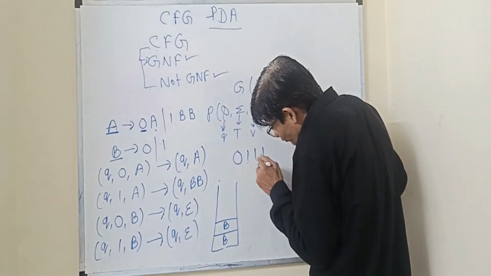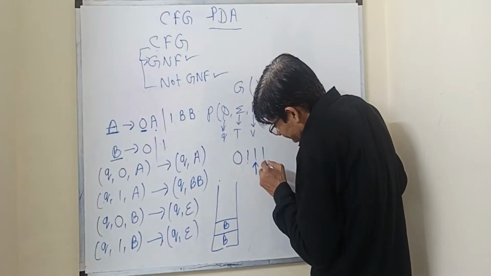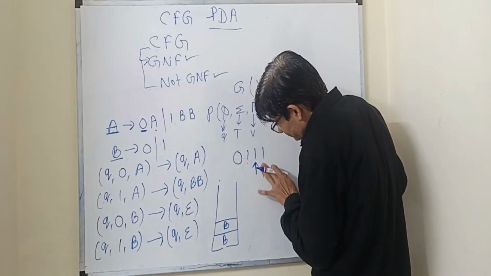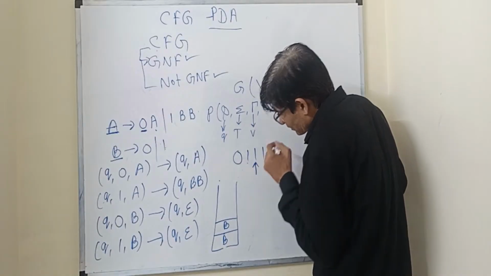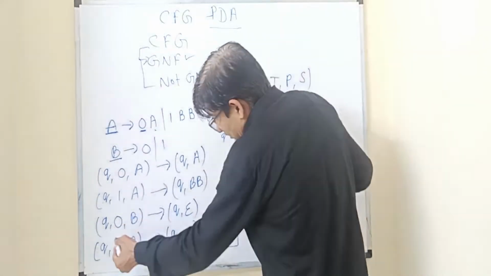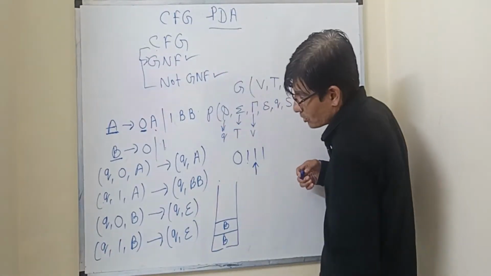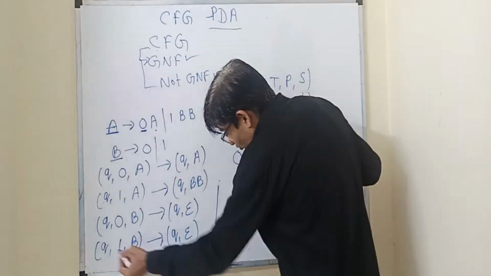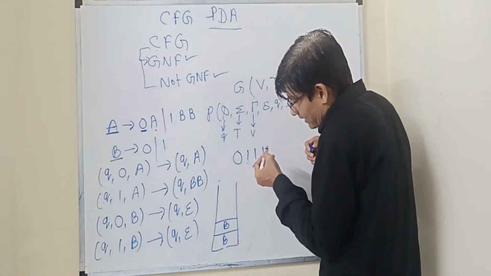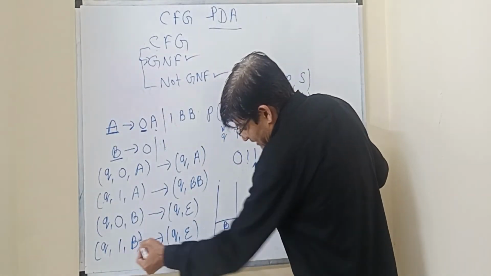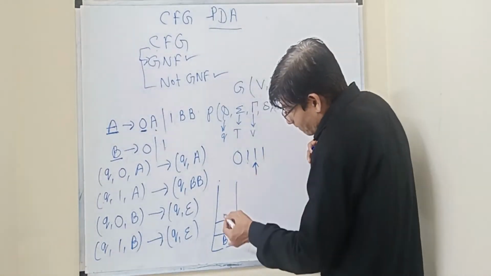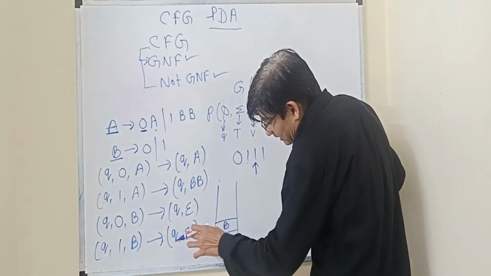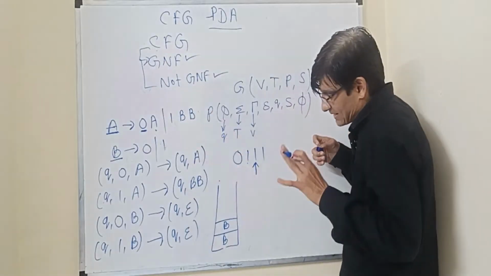Now we will move the pointer again, on Q. If we are reading 1 and the stack top is B, we will pop the element from the stack.